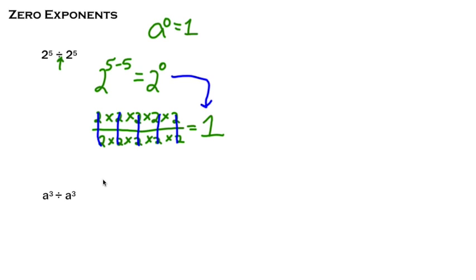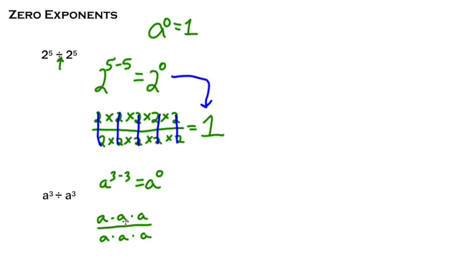What we're going to do here is the same thing. So I have a to the 3 minus 3, again using our laws of exponents. So that's going to get me a to the 0. And if I use direct calculation, I have a times a times a over a times a times a.